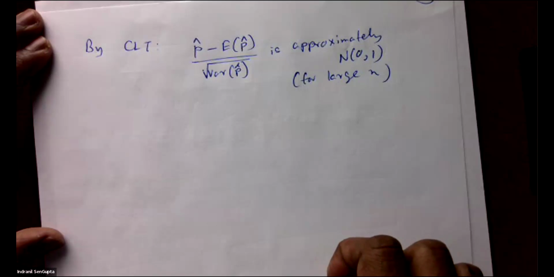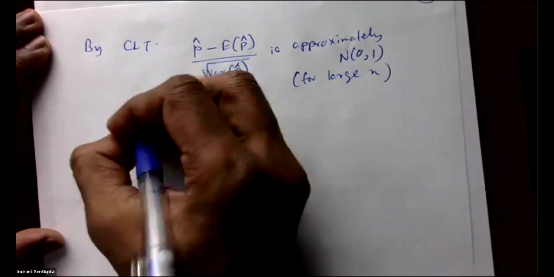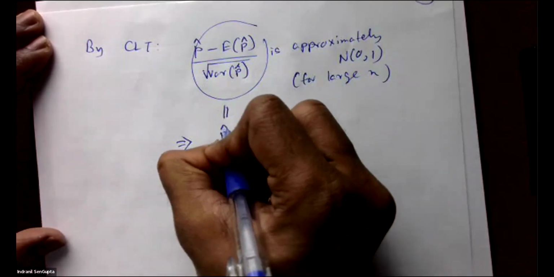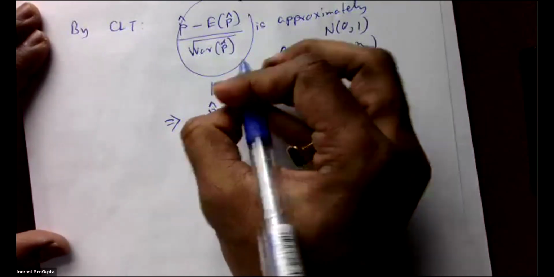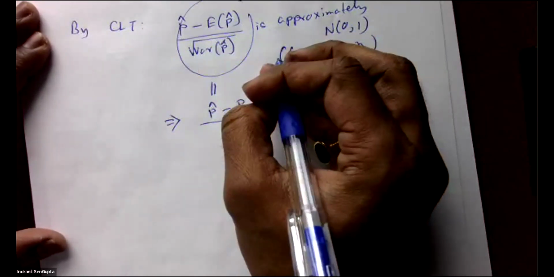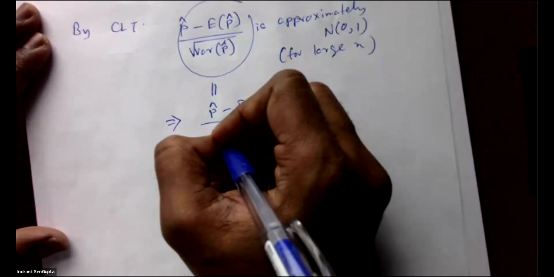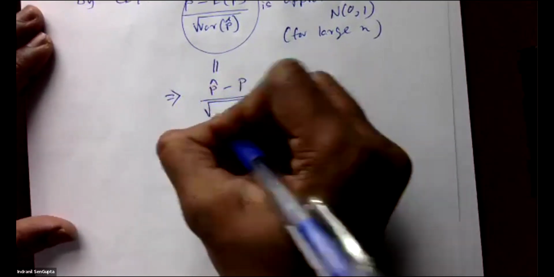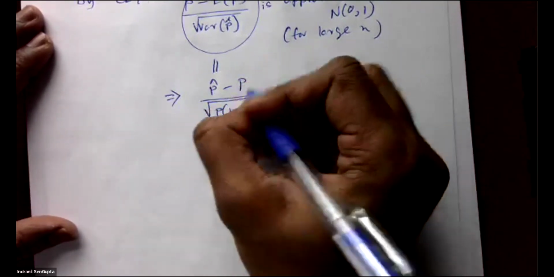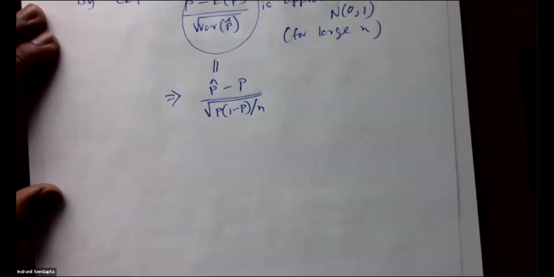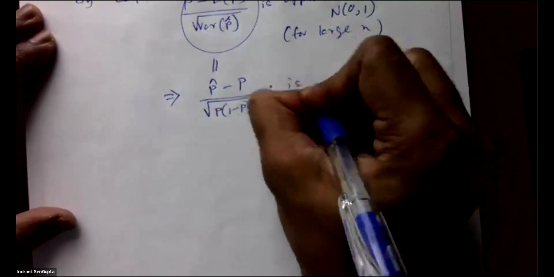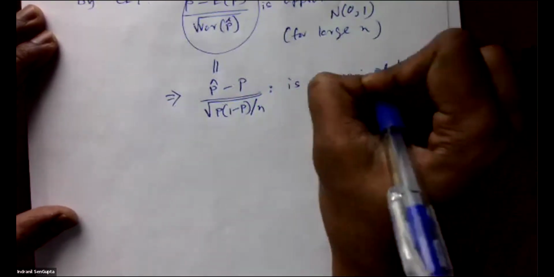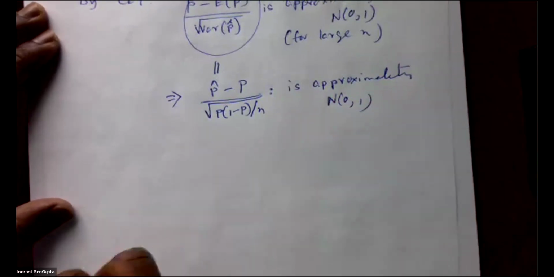In other words, we have already computed this: p hat minus E of p hat, which we found to be p, over the square root of the variance of p hat, which we found to be the square root of p(1 minus p) over n, is approximately standard normal for large n.